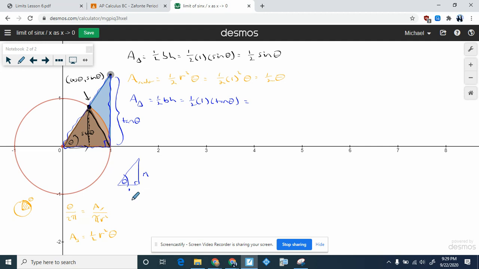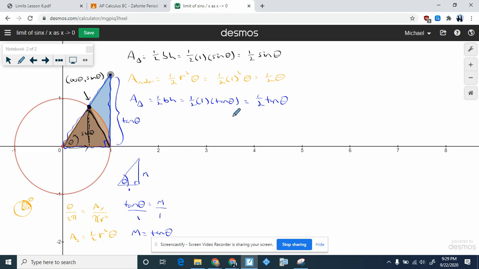So tangent is equal to opposite over adjacent. So the tangent of this angle, since it's in a right triangle, is the opposite M over adjacent, which is 1. Solve this for M, and think about what you're going to get. You're going to get M is tan theta. That's a little bit bananas, but because this is 1, this length is actually just the tangent of that angle. All right, so we get 1/2 tan theta there.